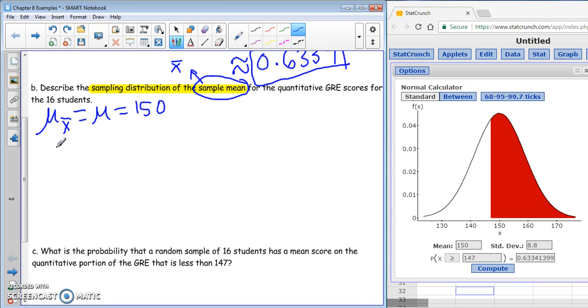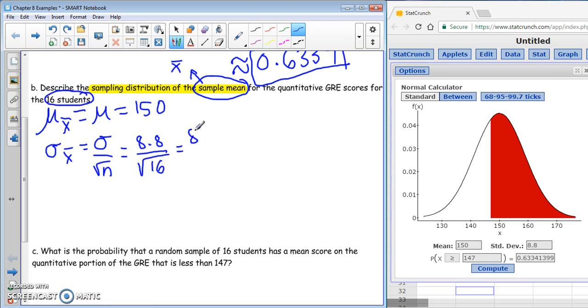And then our spread is our standard deviation. So sigma sub x bar, where sigma is our population standard deviation. So this is sigma divided by the square root of n. In this case, 8.8 is our sigma, divided by the square root of n, and our n is 16.